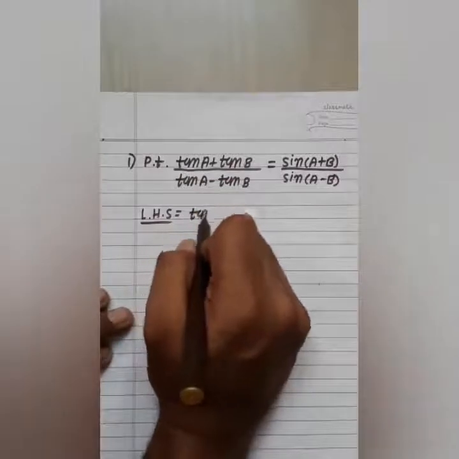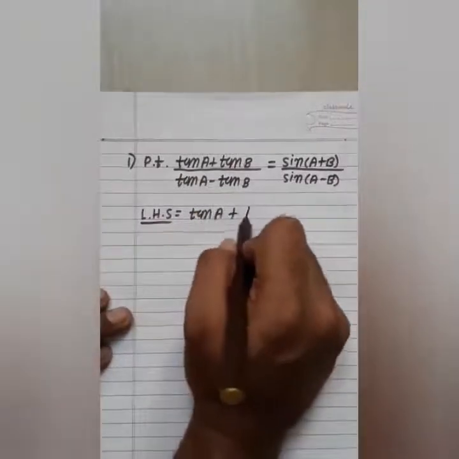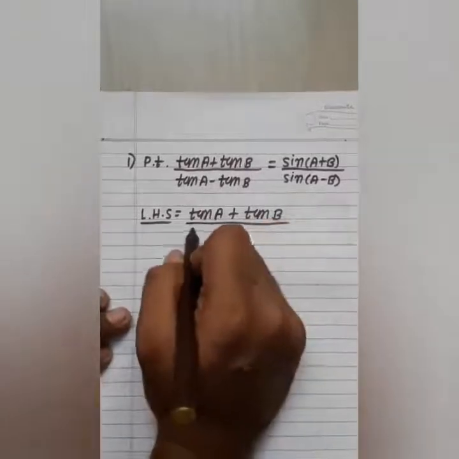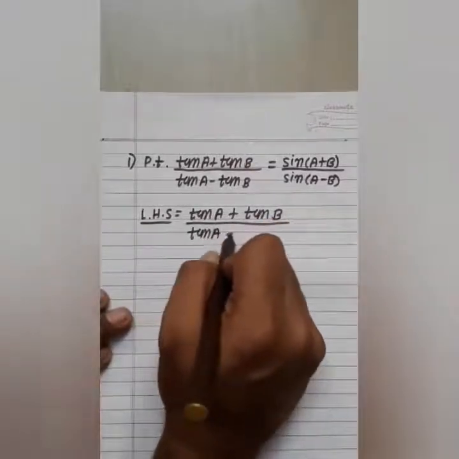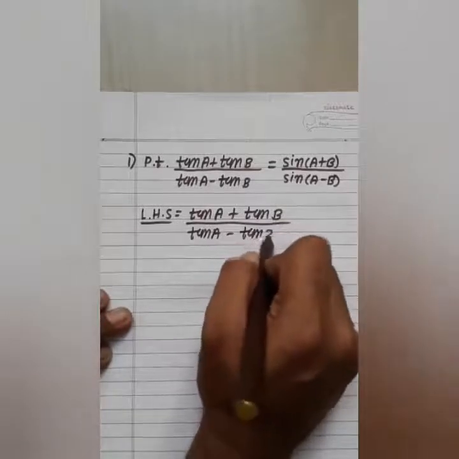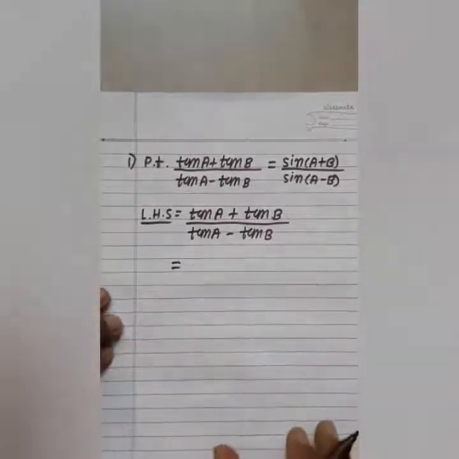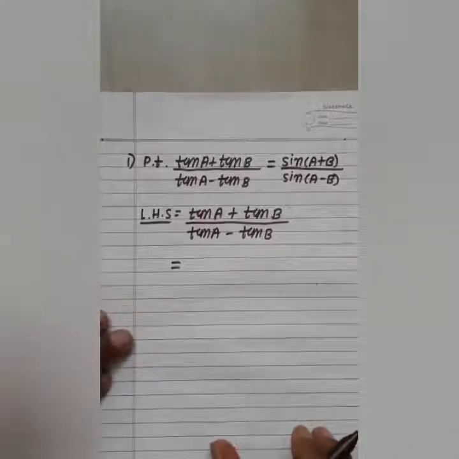Tan a plus tan b upon tan a minus tan b. Now we know that tan theta is equal to sin theta upon cos theta.